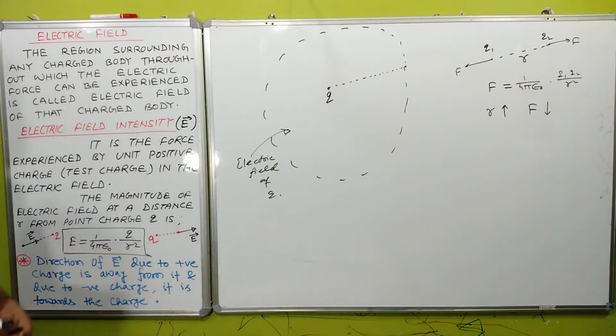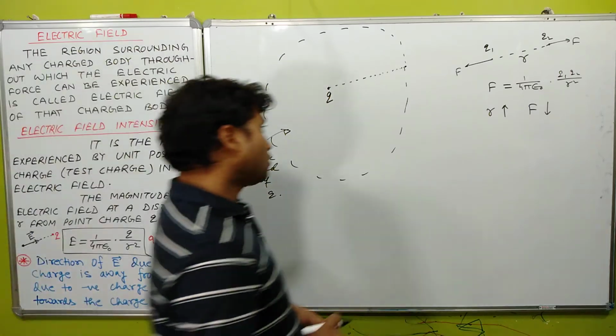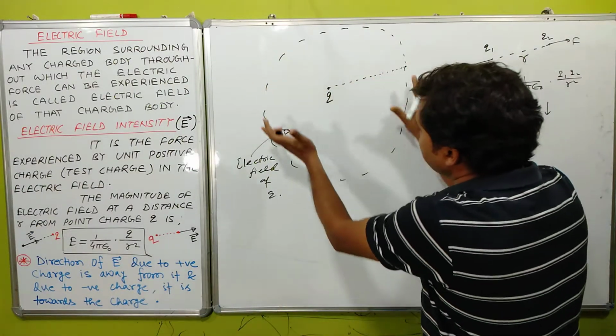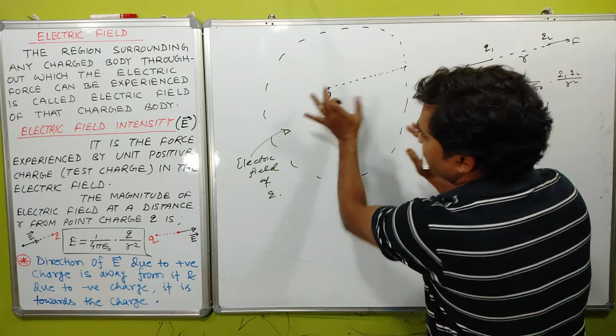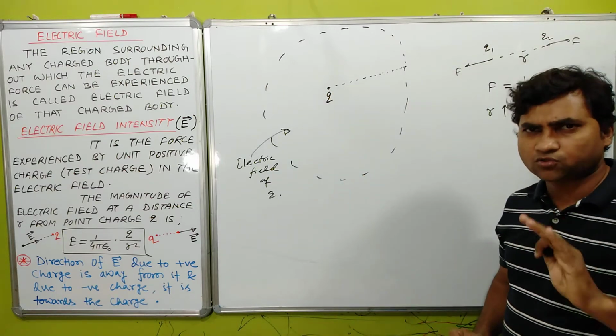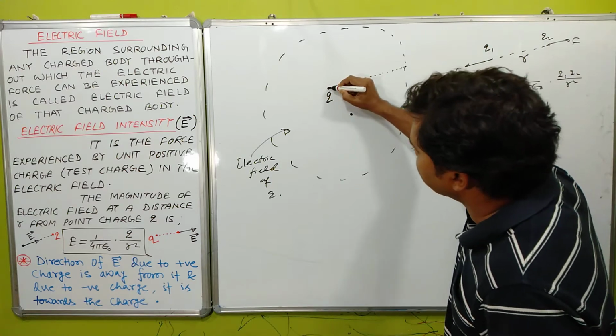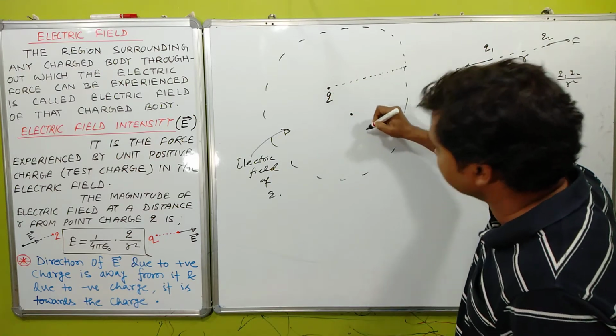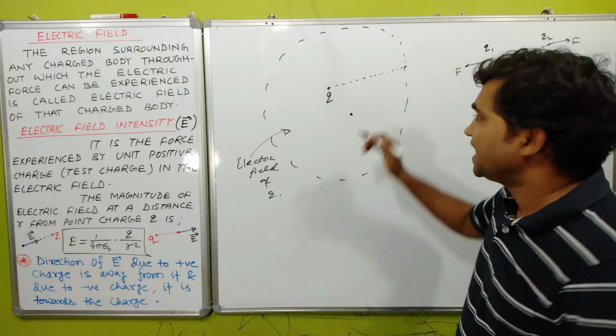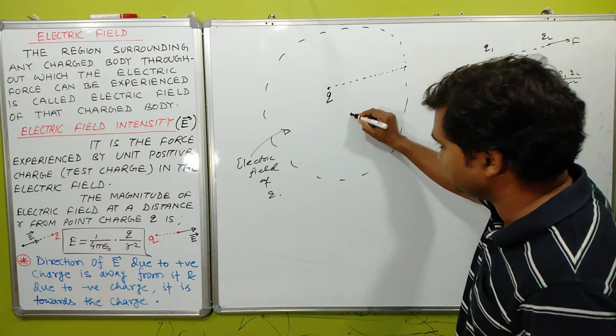Student, now within this area, within this electric field of this charge q, one thing is also clear, that the value of force due to this charge q on any other charge will also be different at different places.